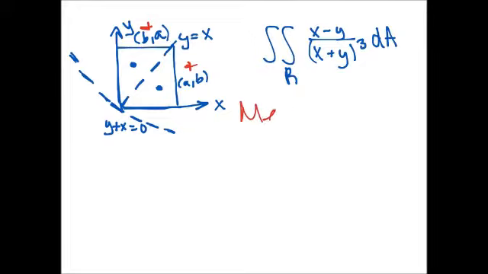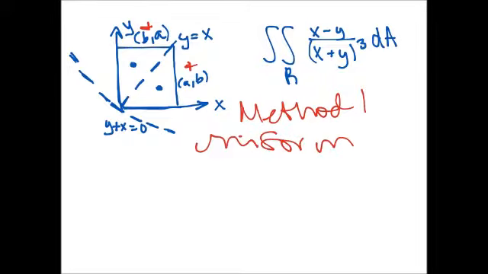And method 1 would be a usual uniform partition, right? Which means that the horizontal and the vertical will be divided into the exact same length. And we're going to choose a point for each of these tiny square parts that we make, right?